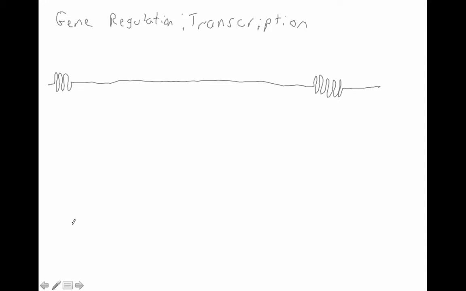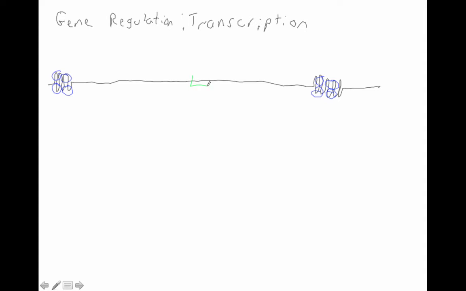And we can still draw our histones on this just for the fun of it. So our histones are still packaging up this part. But let's not worry about that. Let's focus on this area here, because this is where transcription is going to happen. We're going to finally be able to activate this gene and make the protein that we need to have that desired response the cell wants to have.